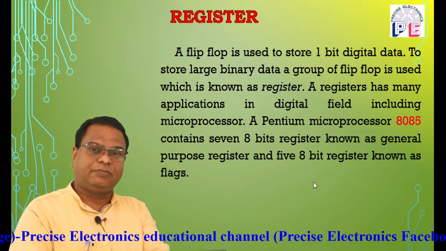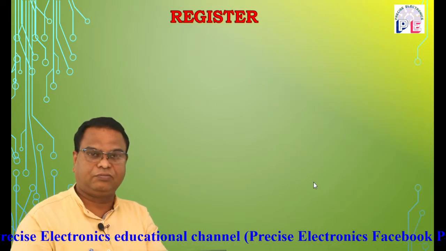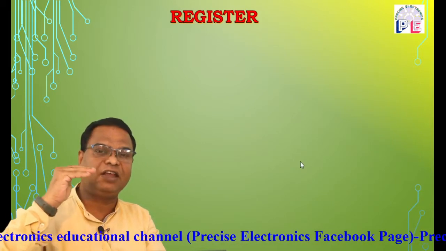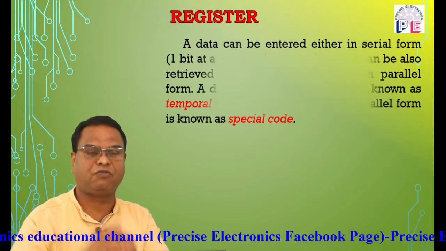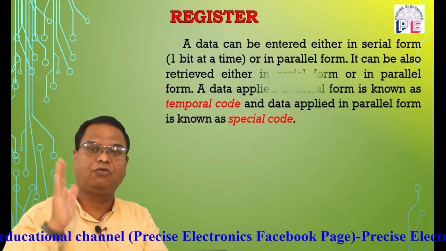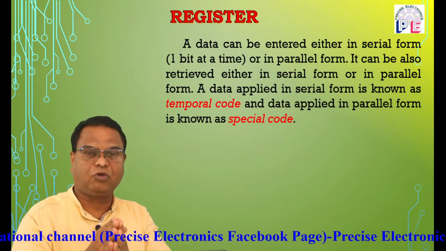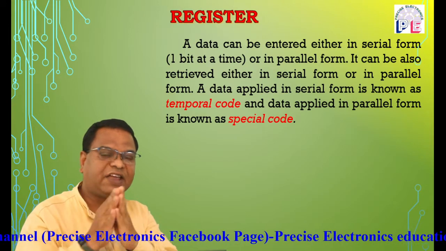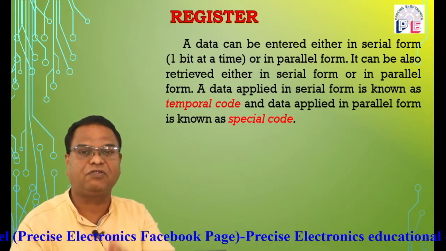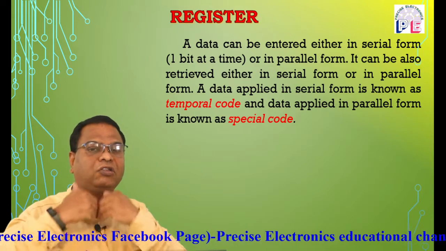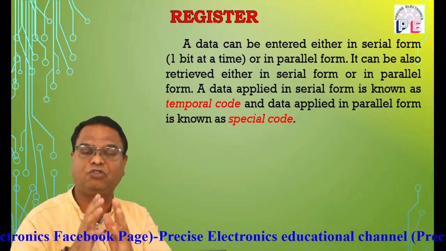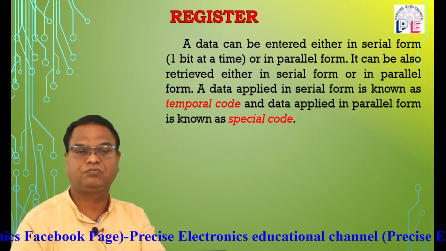In registers, the data, that means our input, is entered either in serial form or in parallel form. Serial form means 1 bit at a time. Suppose there are a number of bits and 1 bit enters at a time, then it is known as serial form. But if all the bits enter at a time, then it is known as parallel form.